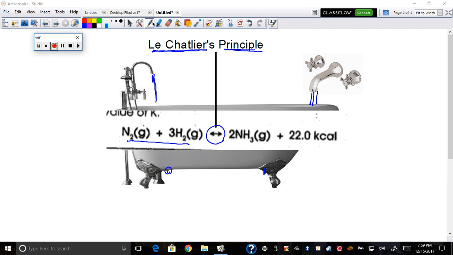Whatever you do to the left side will cause a reaction that is opposite. For example, in a bathtub, if you open the faucet, the water doesn't just stay on this side. It begins moving over here and fills the bathtub. If you pull the plug from this side of the bathtub, then all the water in the bathtub drains out.